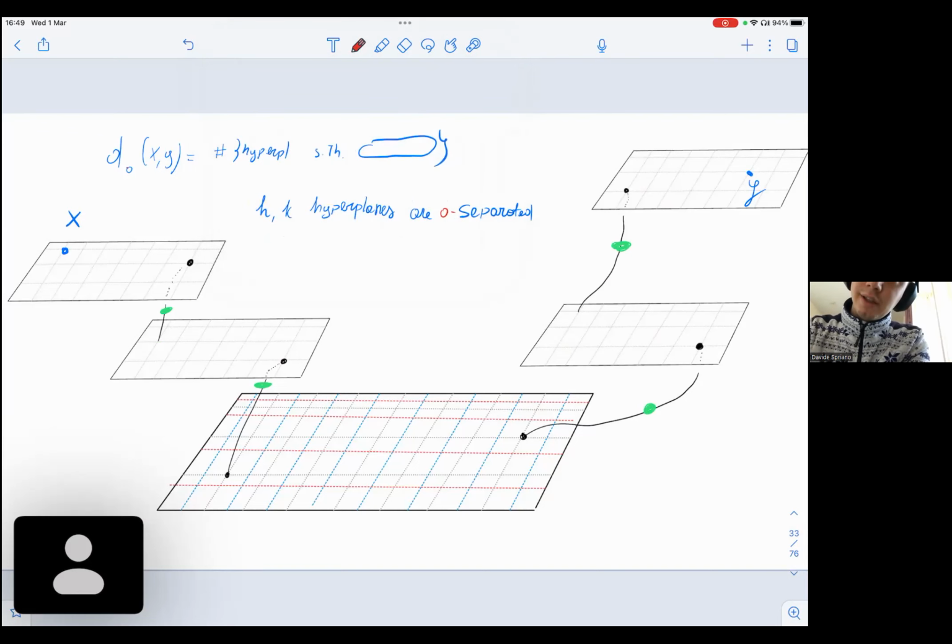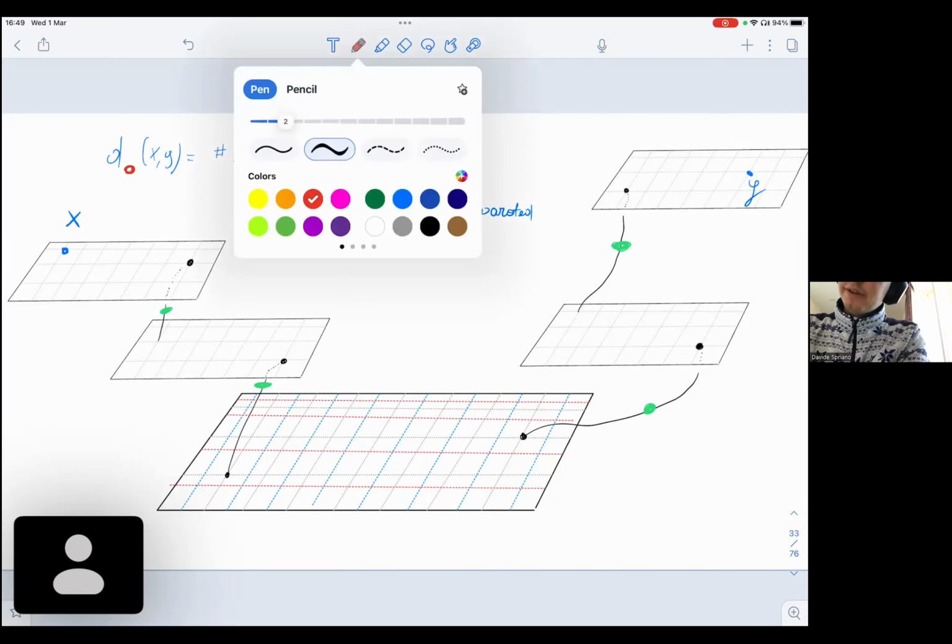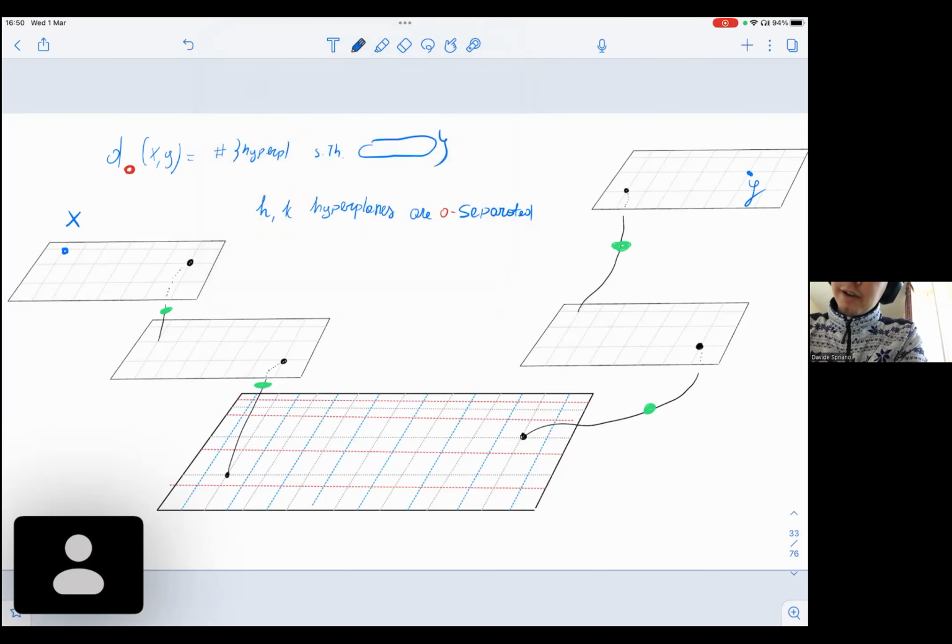This is why there is a 0 here. They are 0-separated if they are disjoint and there is no third hyperplane T that intersects both.